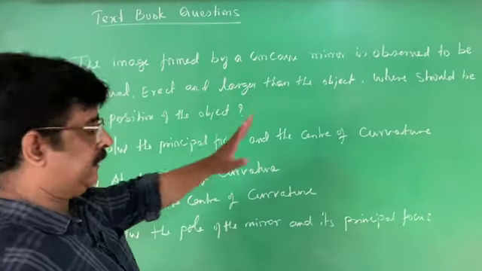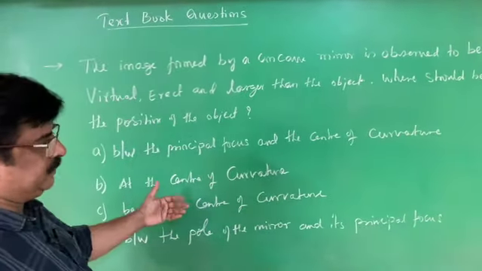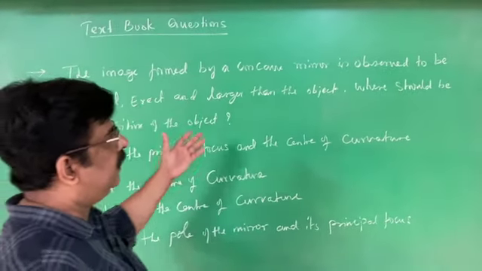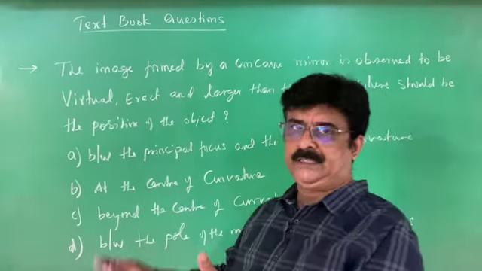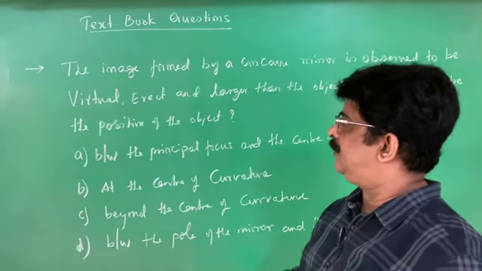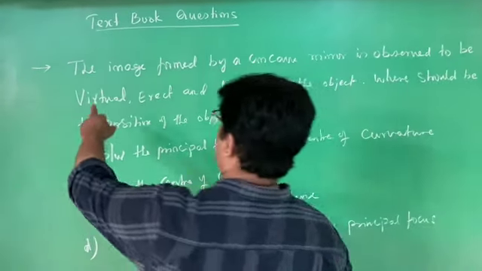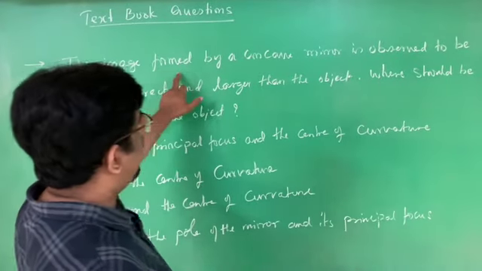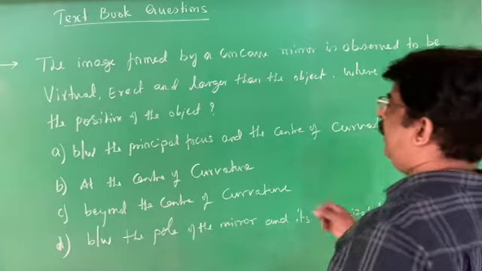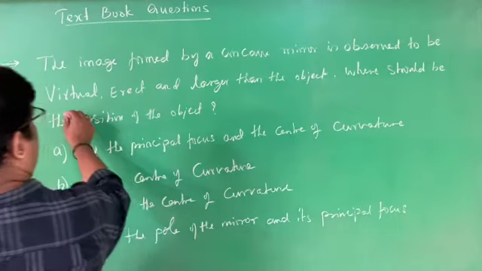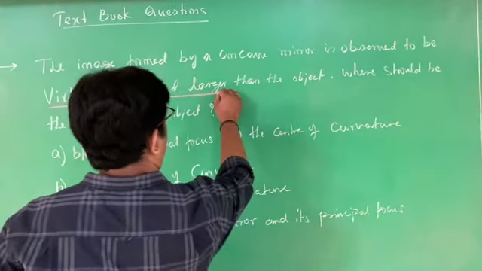It is an exercise. It is a multiple choice question. See, these are questions we find difficult to write on the board. Multiple choice it is, right? You can easily answer all these questions. The image formed by a concave mirror is observed to be virtual, erect and larger than the object.